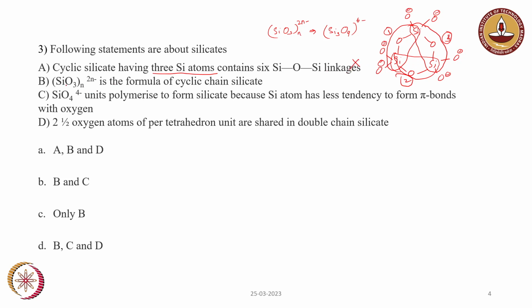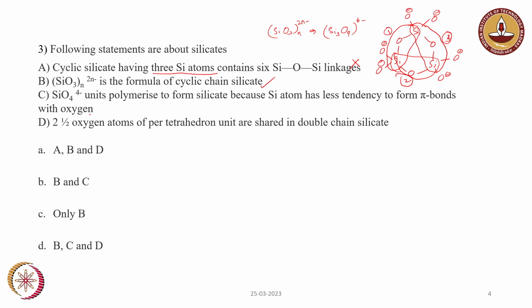Next one is (SiO3)n 2n minus is the formula of cyclic chain silicate. The statement is correct. And SiO4 4-minus units polymerize to form silicate because Si atom has less tendency to form pi bonds with oxygen.